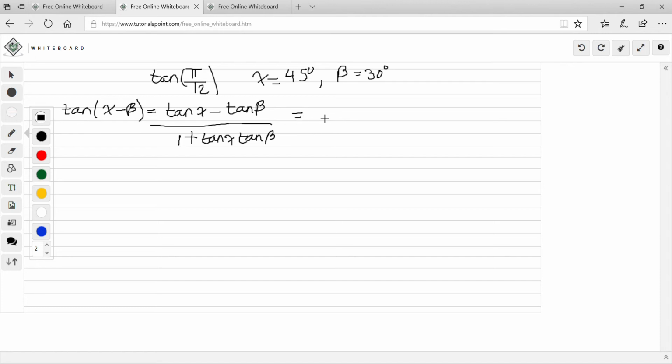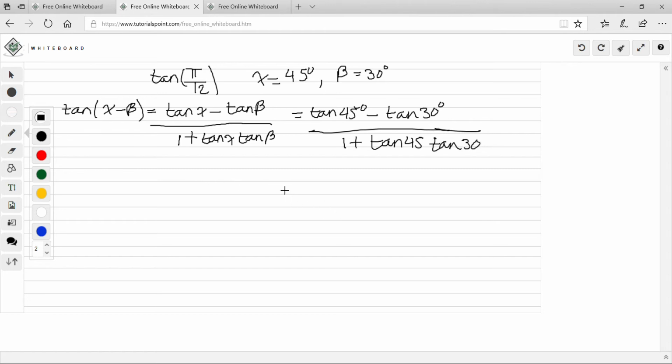So that's tangent of 45 minus tangent of 30 degrees, over 1 plus tangent of 45 and tangent of 30.